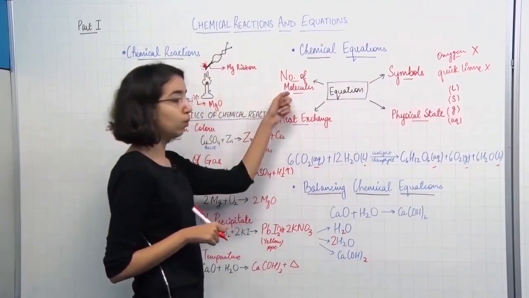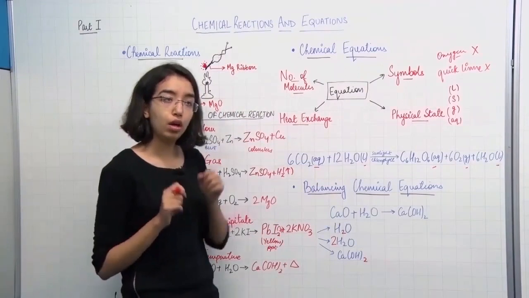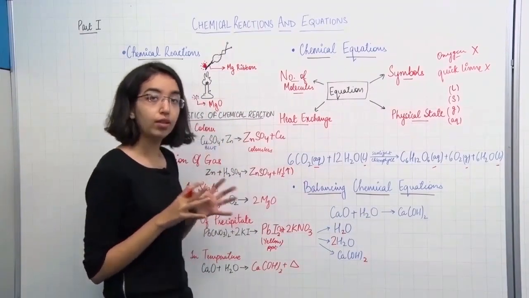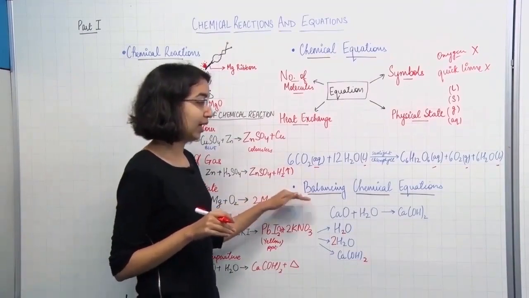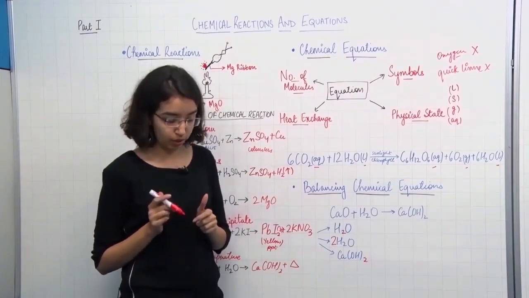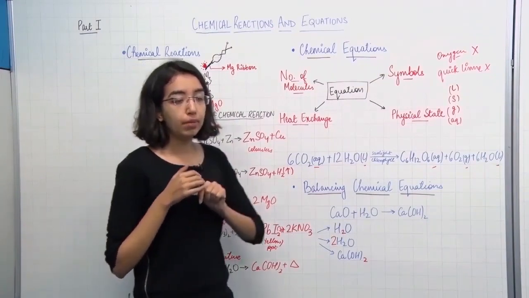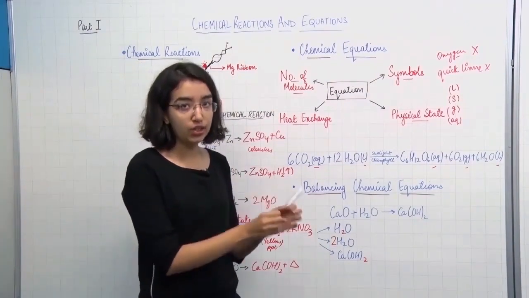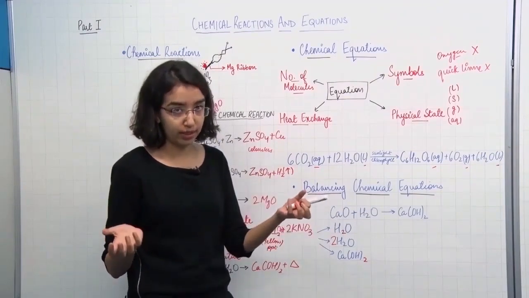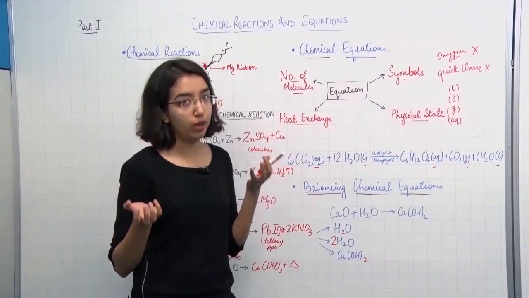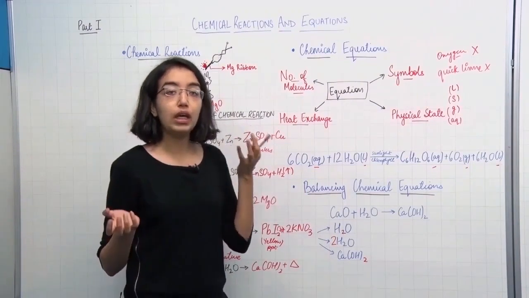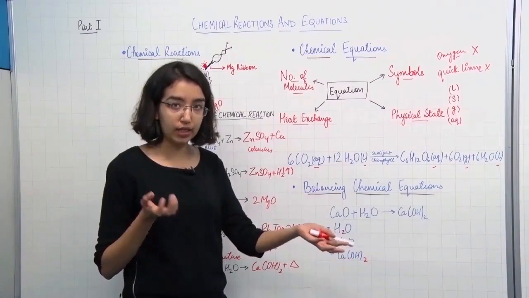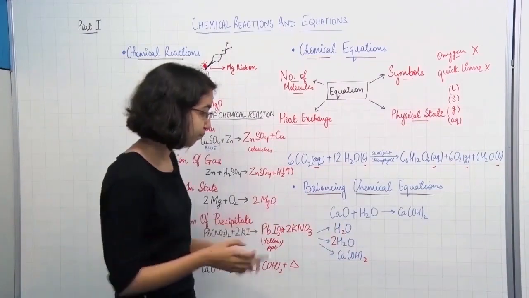Now you must be wondering, why is it that we cannot just write CO2? Why do we have to write 6 molecules? With that we'll come to the next topic, that is balancing of a chemical equation. Balancing of a chemical equation means that the number of atoms of every element on the reactant side and the product side should be equal.